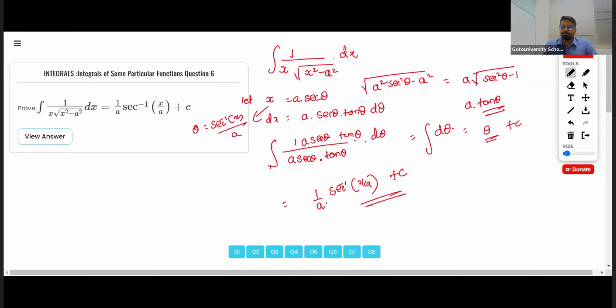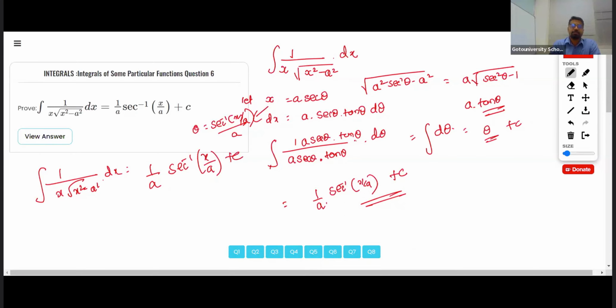This is our answer. So we have proved this. So next time when you have a question like integral of 1 by x into root of x square minus a square dx, we can directly take it as a rule. It is 1 by a secant inverse of x by a plus c.